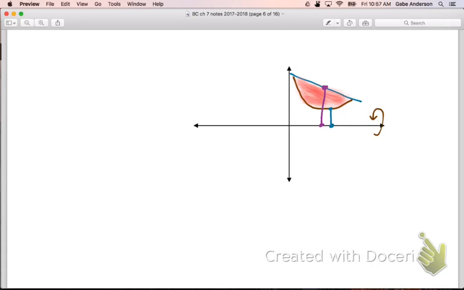And we would use those within the formula: volume equals pi integral from a to b of big R squared minus little r squared. And in this case, it would be a dx rectangle because we've got a horizontal axis of rotation. Okay, so we'll do an example of this here on the next slide.